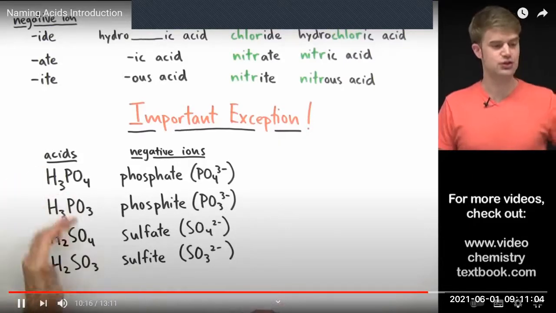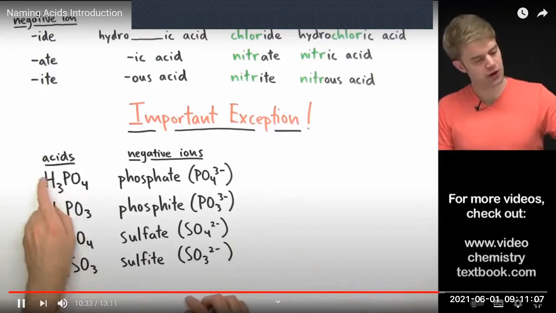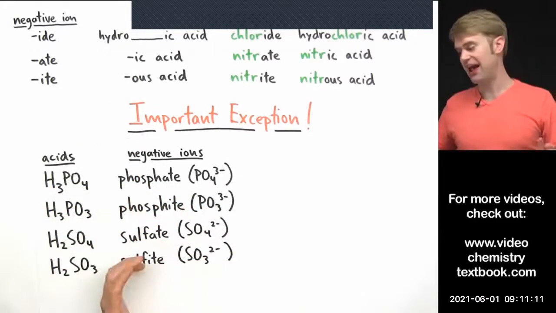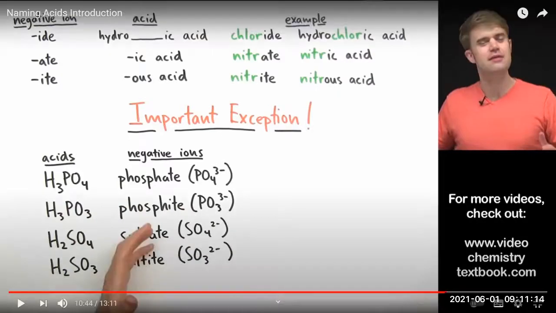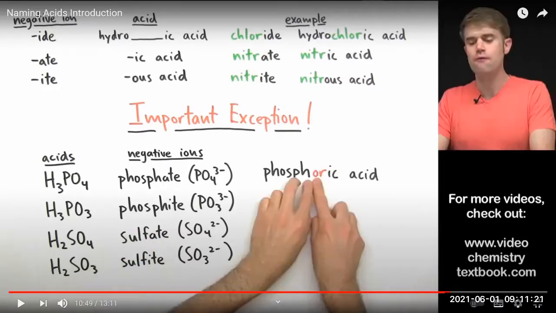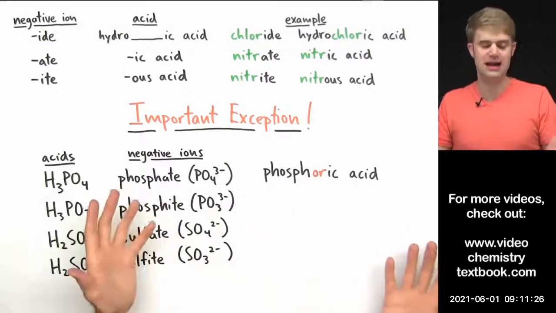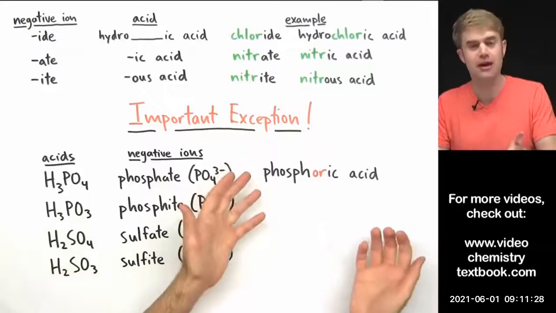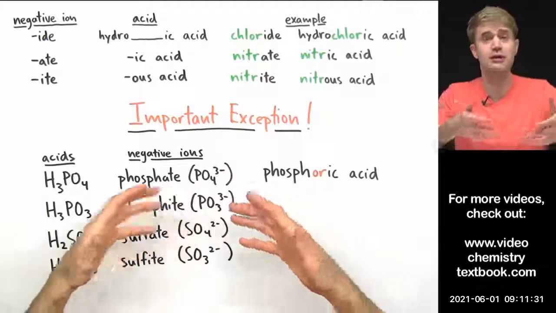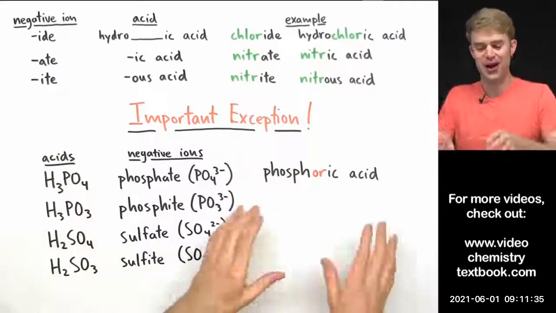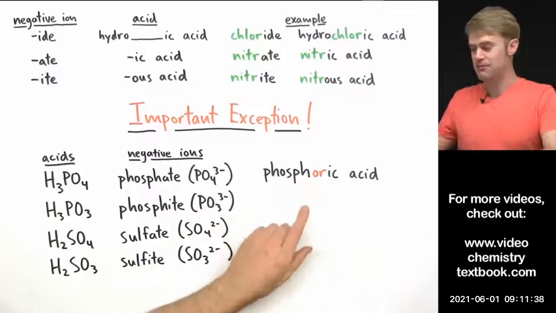With naming acids, we took this from phosphate into -ic, and so we'd call it phosphic acid. Phosphoric acid will be your first guess, probably. But if you already know that it is an exception, you have to use the root I gave you. Phosphoric acid. You have to add this -or before the -ic. I have no idea why it's like that, but I just want to let you know, because if you were being very logical about it and follow the rules that we've learned, you'd actually be wrong. So I just want to make sure that you know how to name this acid.